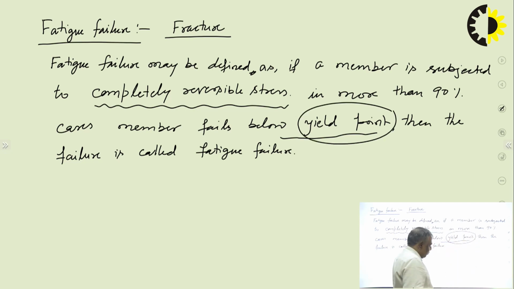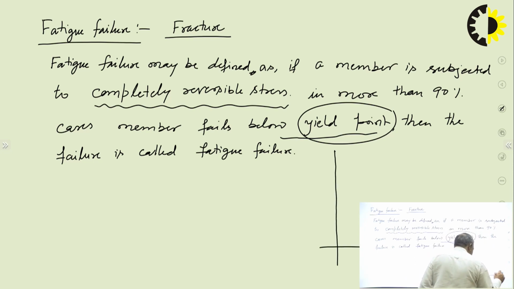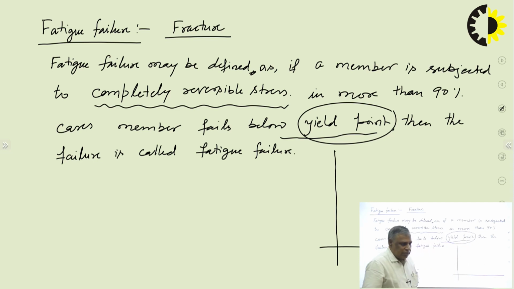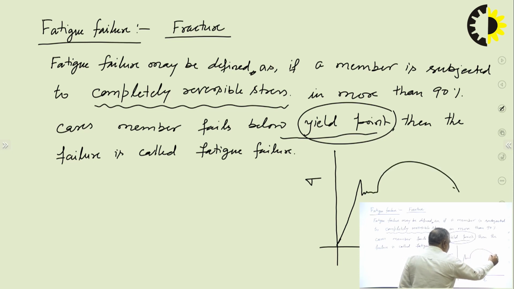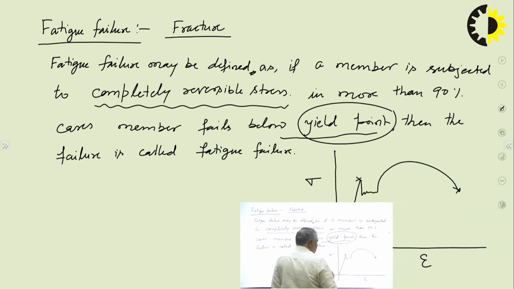We will discuss further what the mechanism of fatigue failure is. Here, yield point. In the earlier courses, strength of materials or material science, what we have learned, suppose this is for mild steel only, this is the fracture point, this is the yield point.